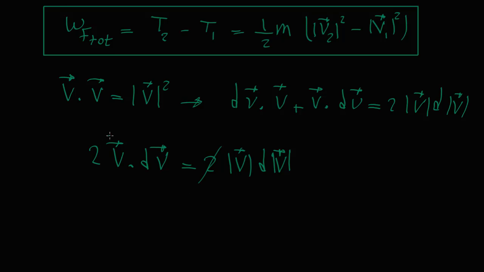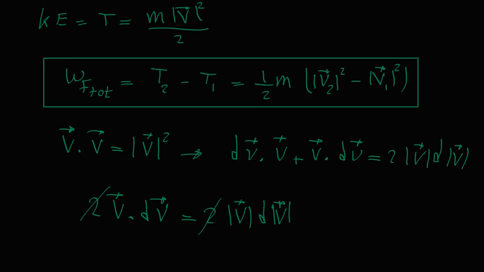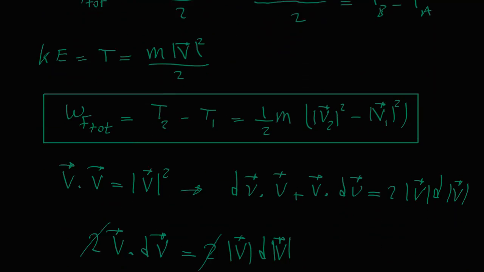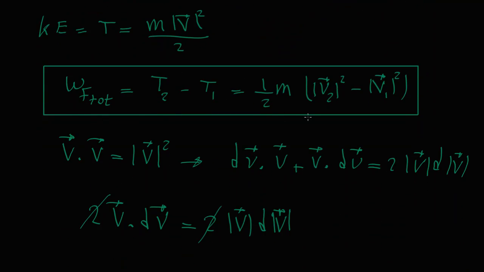I can cancel out the 2's, and we have v dot dv is equal to the magnitude of v times the differential of its magnitude. So this is what we wanted to show. Now we have the work and energy principle for a general case. The work of all the forces acting on the particle is equal to its final kinetic energy minus its initial kinetic energy.